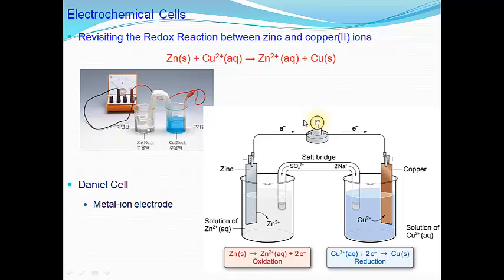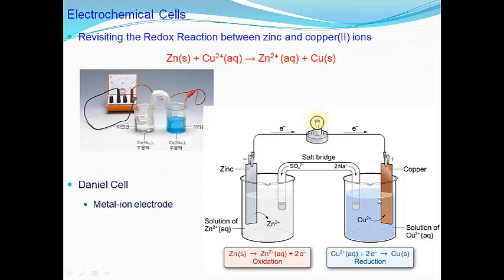Where is the source of the electrons passing through the circuit? It has to be from one of these cells, and so electrons are being given up by the zinc to give us additional zinc 2+, and the electrons pass through the metal conductor, through the light bulb, onto the copper conductor, and then there is a buildup of electrons on the copper, and they are released into solution to reduce copper 2+ to copper.